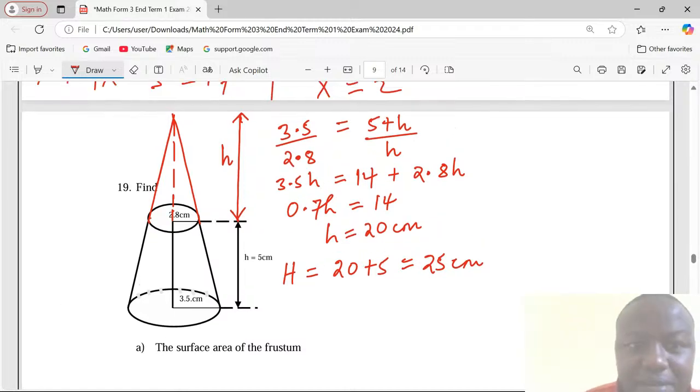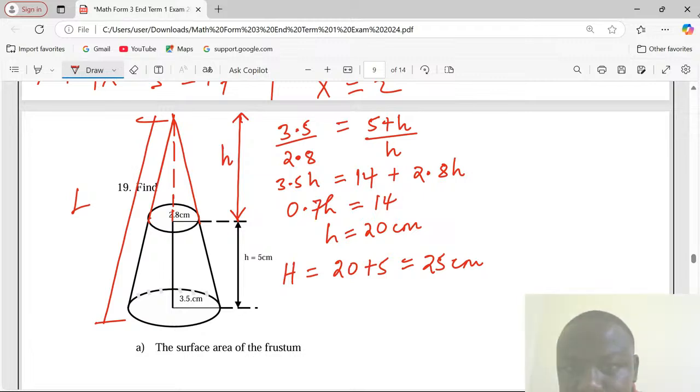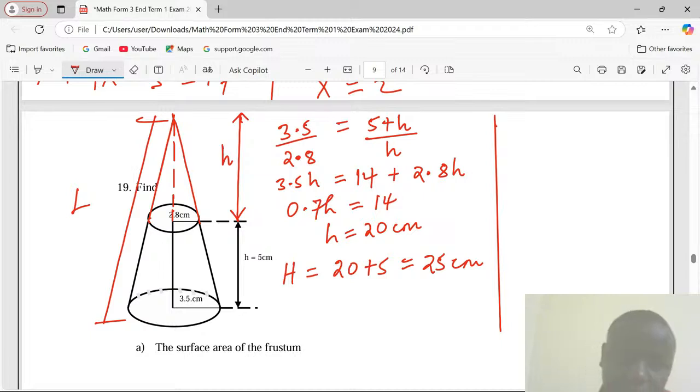Now that we have the vertical heights of this particular cone, we can get what we call slanting heights. Slanting height is capital L here. We apply Pythagoras theorem, because for this cone we know vertical height is 25 and radius is 3.5.